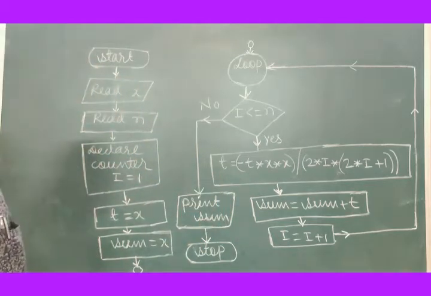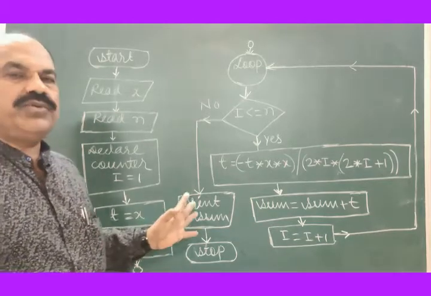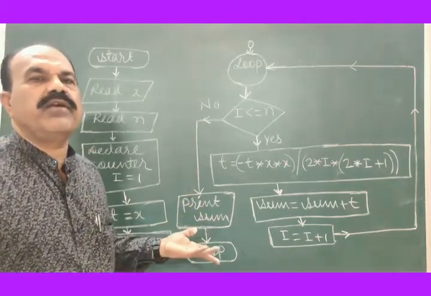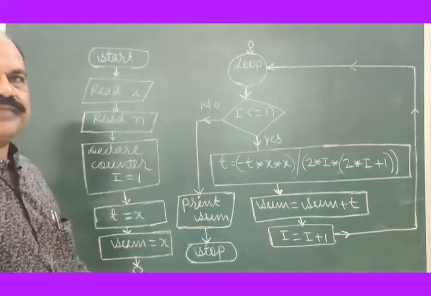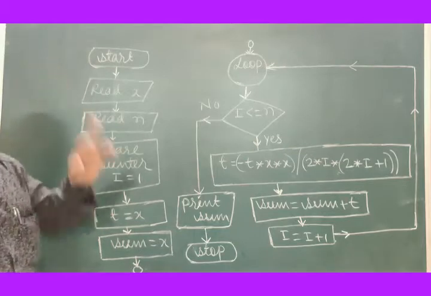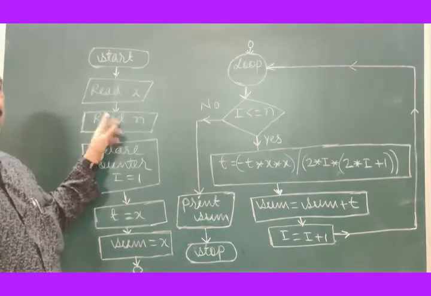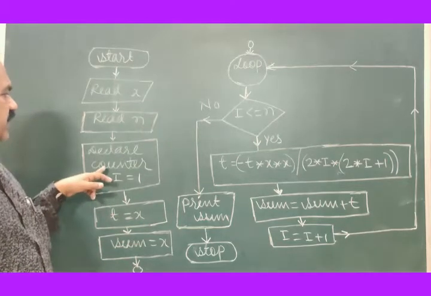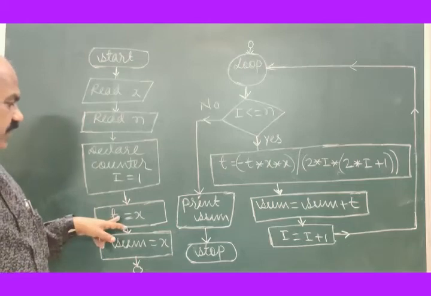So this is the simple way to draw the flowchart for sine series. Let me explain it. Start, input argument x, input number of terms, declare a counter as I is equal to 1.